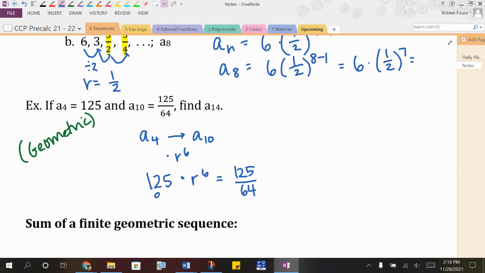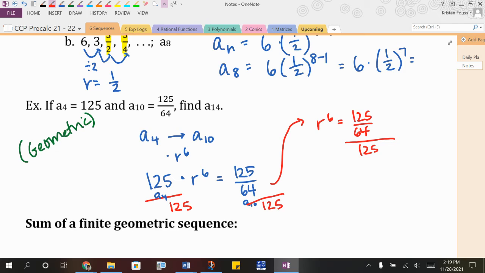Okay, so again, here's my A4. If I multiply by r 6 times, I'm going to get to A10. All right, so let's see if we can solve for r. I'm going to start this problem by dividing that 125 out. Now, if I have the fraction 125 over 64, and I'm dividing by 125, that's 125 over 64 divided by 125, right?